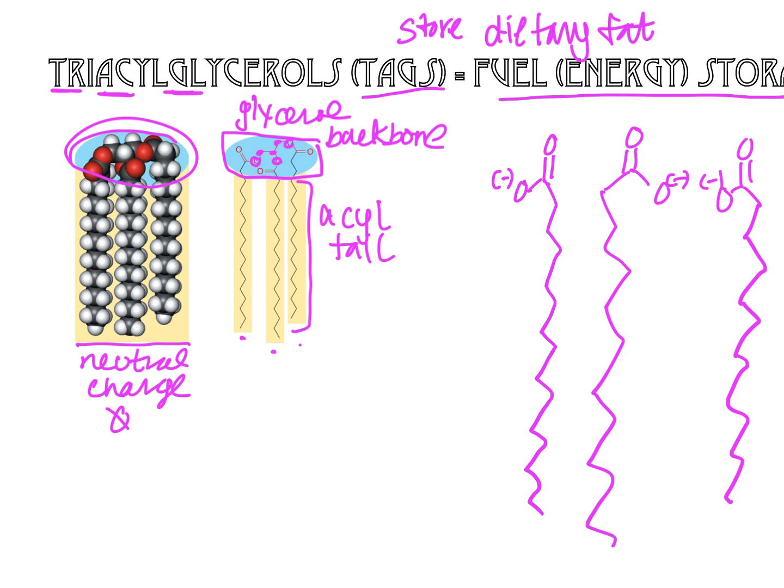If you were to try to store all these fatty acids, you'd have a lot of charge repulsion because you'd have a lot of negative charges that you're trying to fit in a small space. And that means that these would push on each other, and you would need to get a much bigger space to fit all the fatty acids.